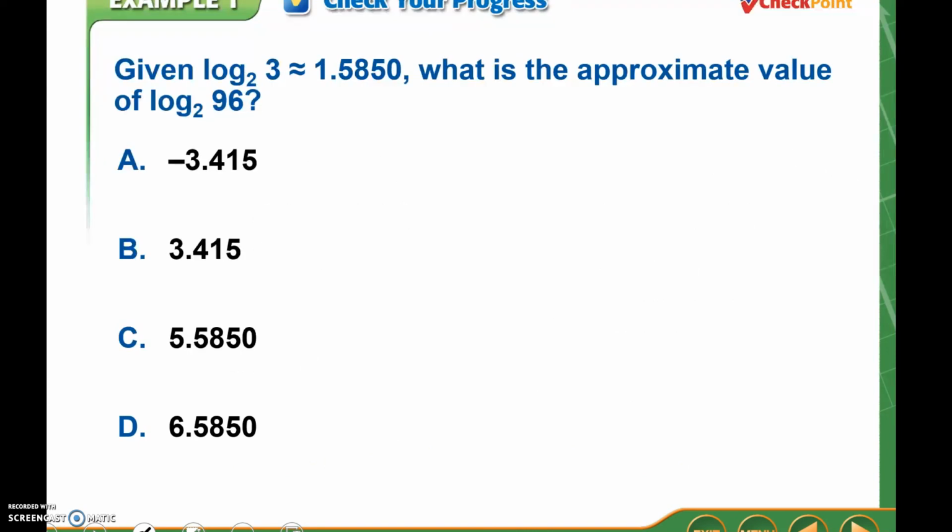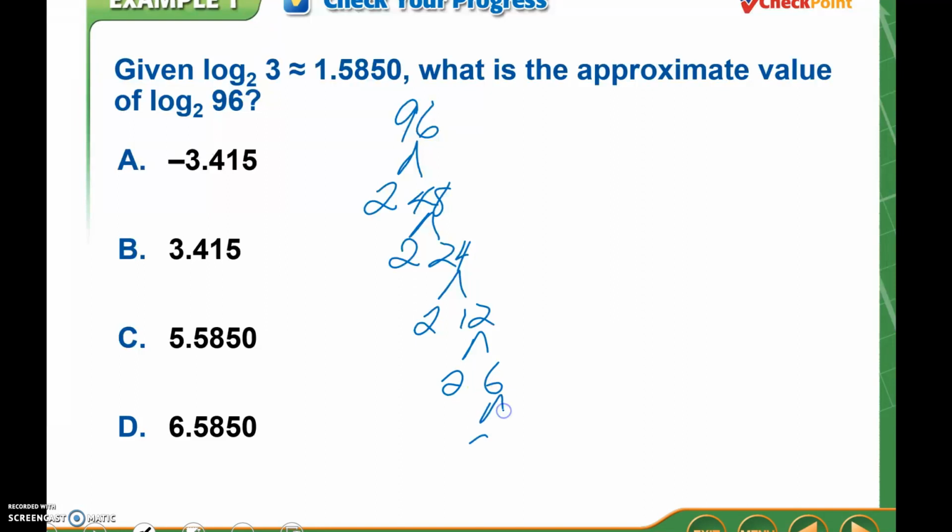Log base 2 of 3 is 1.5850. Again, we're going to take 96 and break it apart into prime factors. So I could rewrite this as log base 2, and 96 is 2 to the 5th times 3.